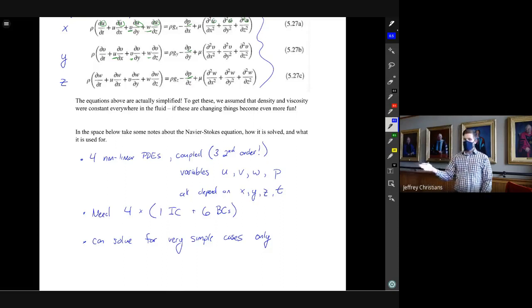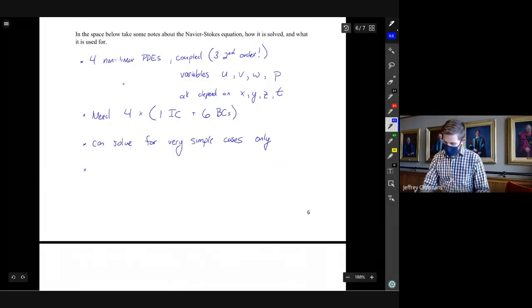If you can't solve it analytically, you can still solve it pretty easily numerically. So you don't always need an exact solution. We'll get a couple simple exact solutions, but if you ever do a fluid model or a fluid simulation, this is what you're actually doing. You're solving numerically.